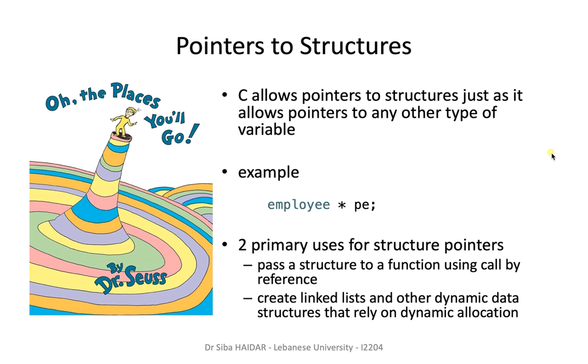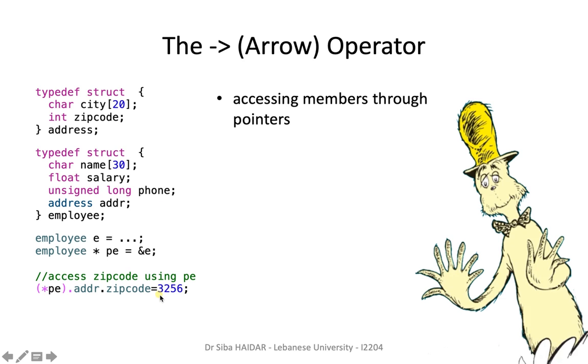And the other will lead you to many more interesting places when you can create linked lists and other dynamic data structures that rely on dynamic allocation, which exactly happen to be the subject of our next chapter. But before you go to those places, I want you to take with you a tool that I will introduce now. It is the arrow operator.